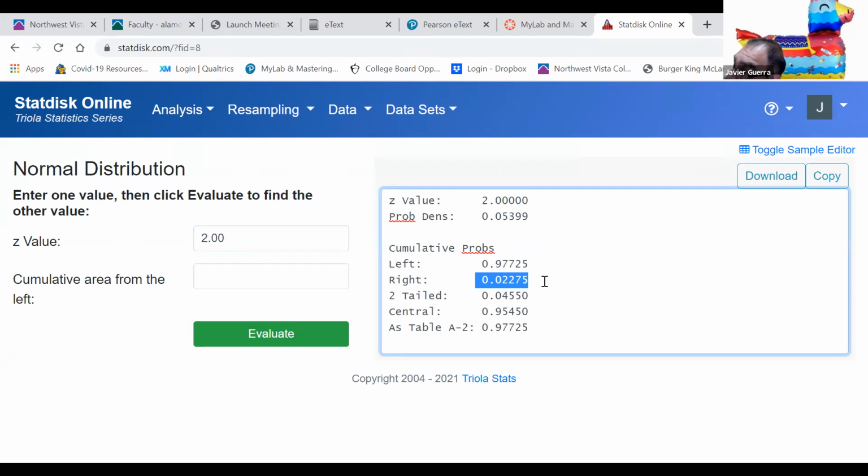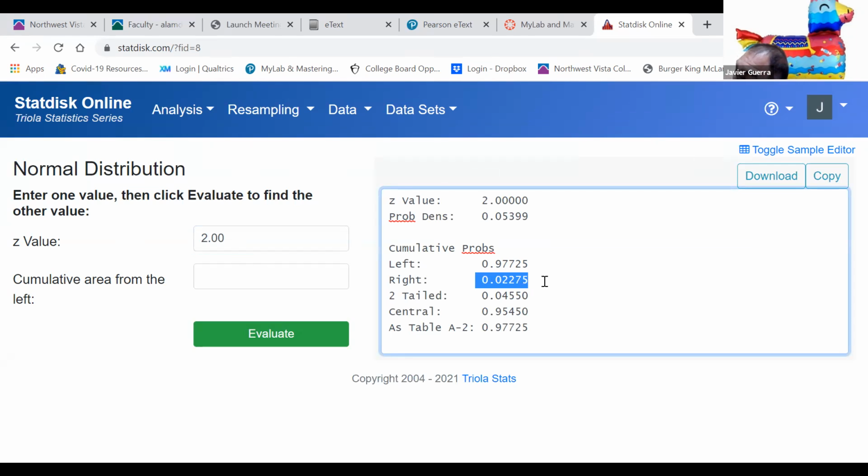And I'm going to get the right area. My answer ends up being 0. I gotta round it to 4 places. 0.0228. Or what is that? 2.28%.